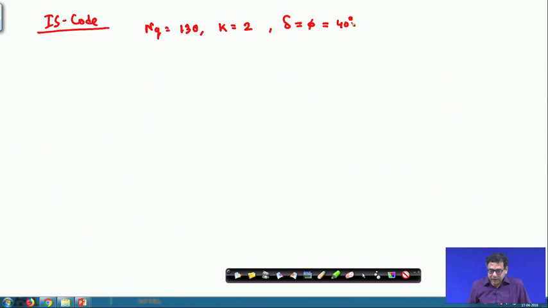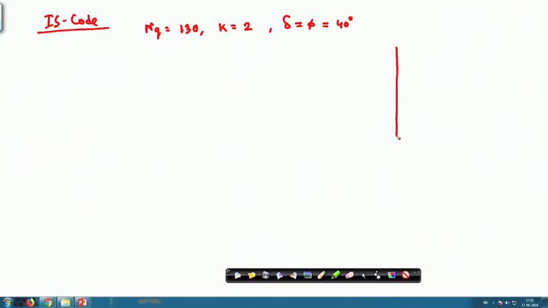Another thing the IS code has mentioned is that if the length of the pile is more than 15 d to 20 d, then you consider the effective overburden pressure corresponding to 15 d to 20 d, which is similar to the critical depth concept. So, for the IS code also you have to consider the critical depth concept, because by my understanding, beyond 15 to 20 d the stress will not change.